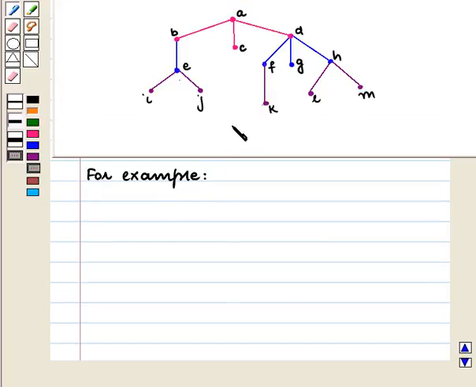For example, we have the following tree. Now we determine its pre-order traversal.